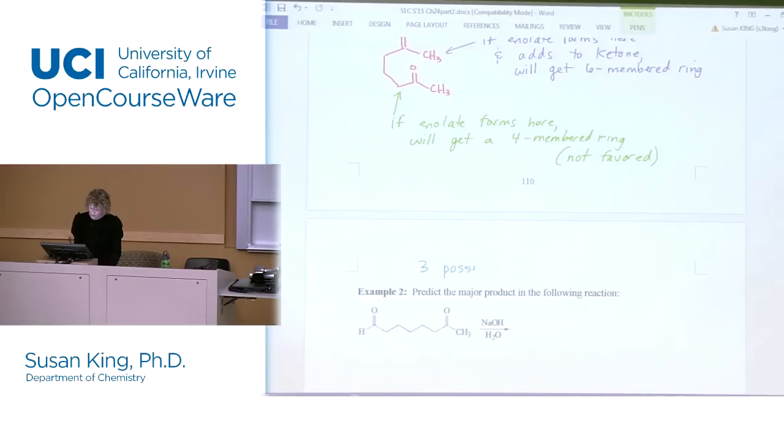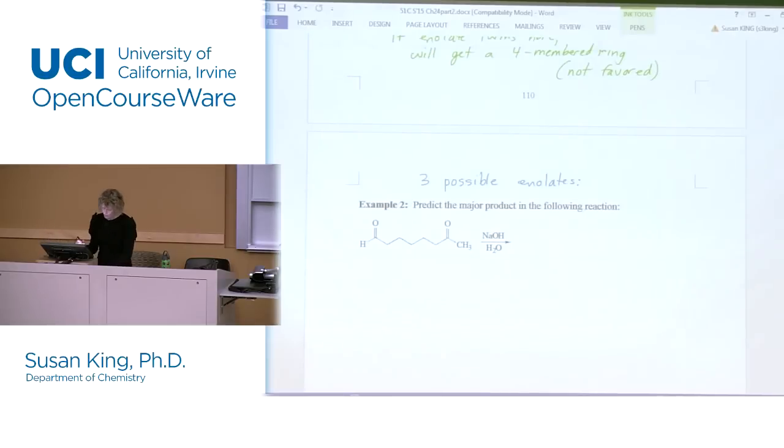Let's go through this example and see what we would get. We can form the enolate here, let's call that A. We can form the enolate here, let's call that B. Or we could form the enolate here, let's call that C. And what we're going to do is look at the enolate forming on each of those, see what ring it could cyclize to, and then find out what the major product is going to be for this reaction.